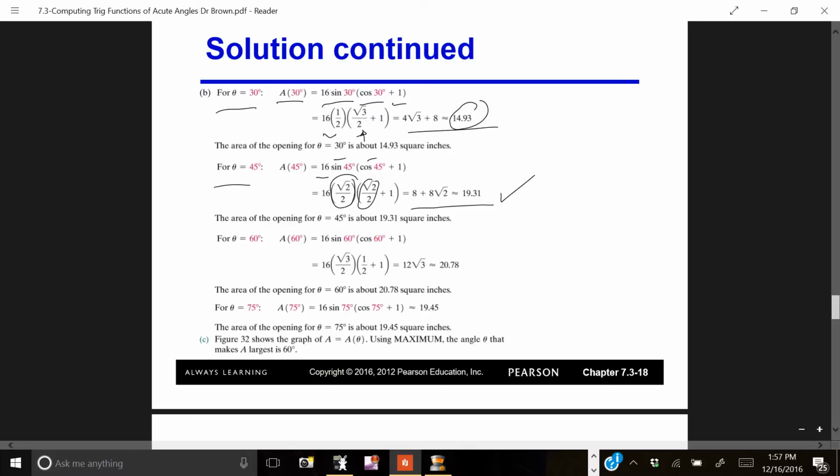Now, if theta were 60 degrees, we have 16 sine of 60 degrees, which is the square root of 3 over 2. Cosine of 60 degrees is 1/2. Putting all this in your calculator, we get 20.78.